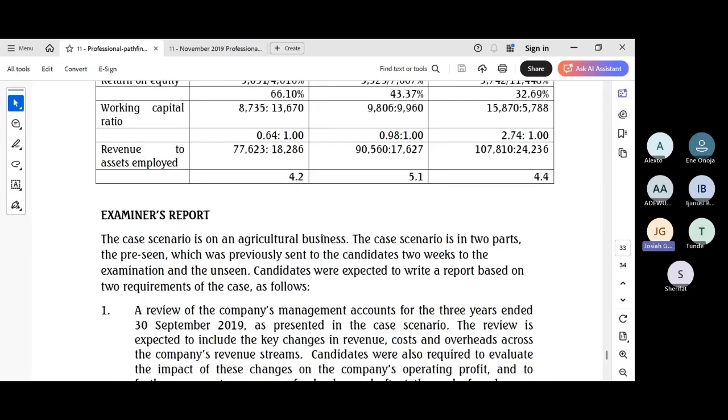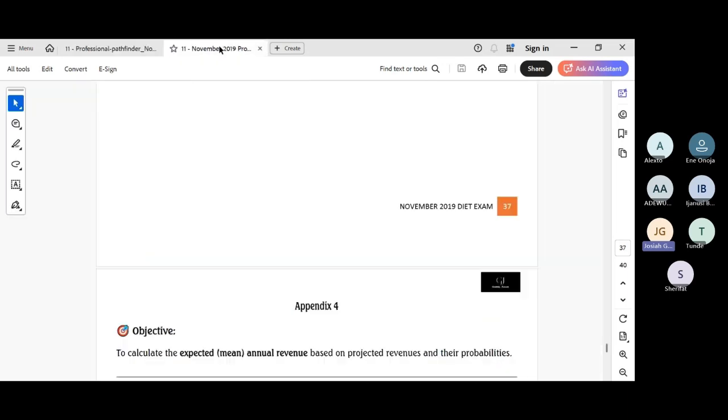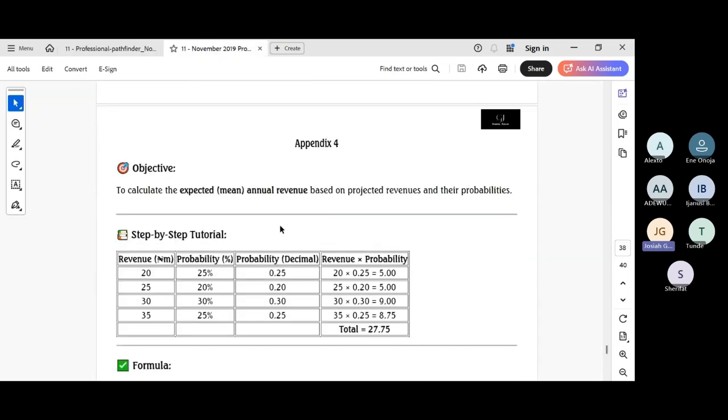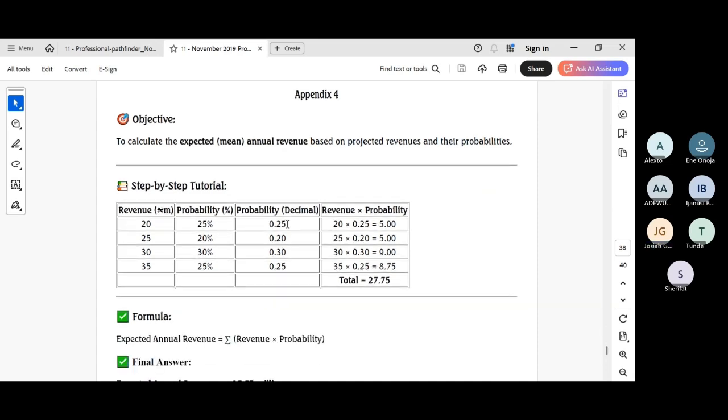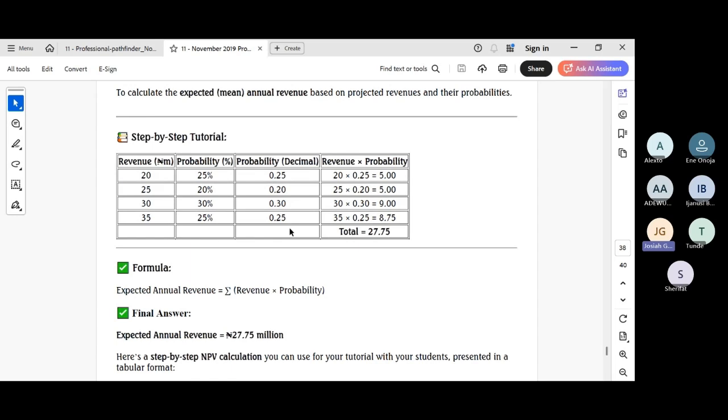So you can see he didn't also provide an exhibit for requirement 2, the computations. I'm sure he forgot in his Pathfinder to provide it. But I was able to calculate the requirement 2 computation, relating to revenue for the project proposed, and also the probability, and we're able to calculate the expected annual revenue, which is about 27.7 million.